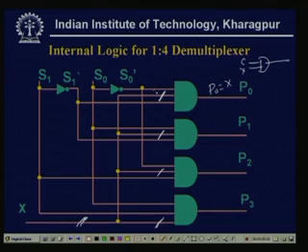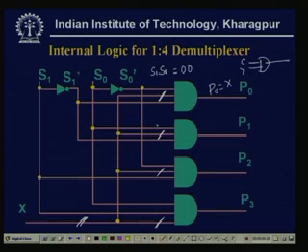So the combination of these S0 S1 together will be 1. If it is S0 bar S1 bar, when S0 S1 equal to 0 0, that means for the P0 case, S1 bar S0 bar is 1 and I will get P0 equal to x.